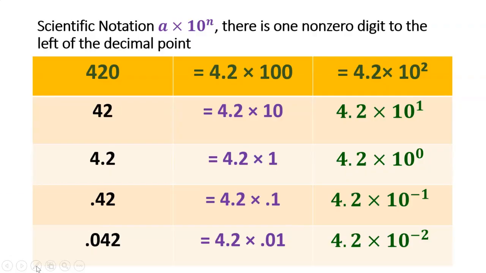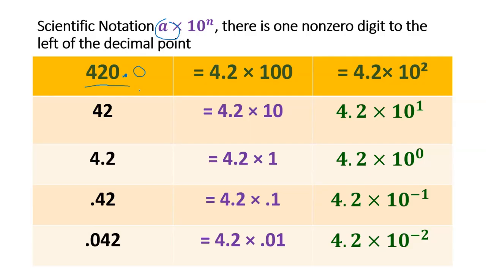Let me get the pen here. Here, my number is 420. I want my a to be 1 or greater but less than 10. You can put the decimal here, which is saying you have 420.